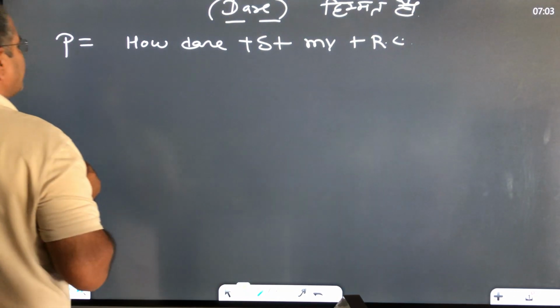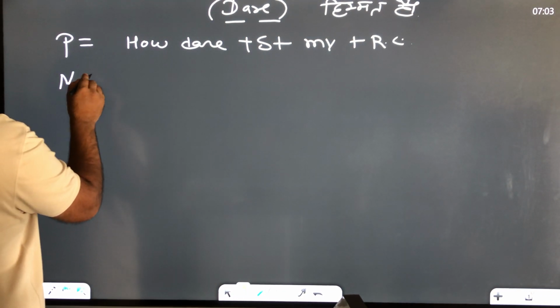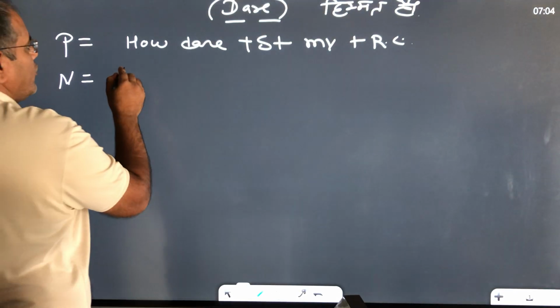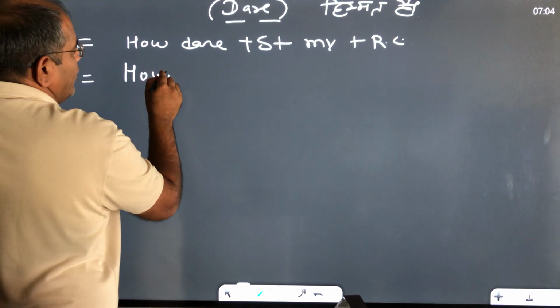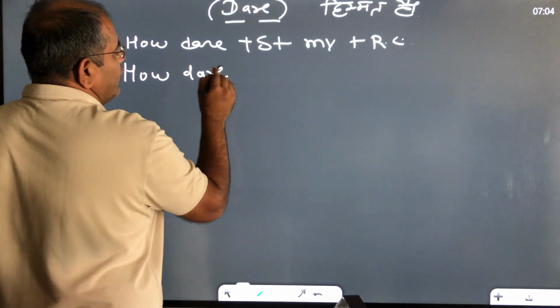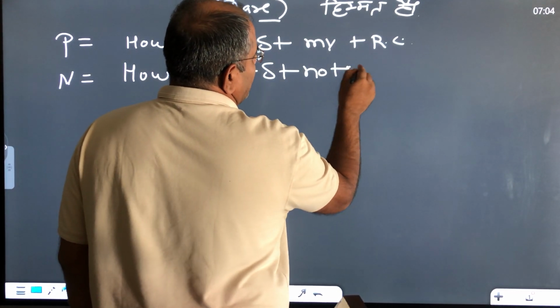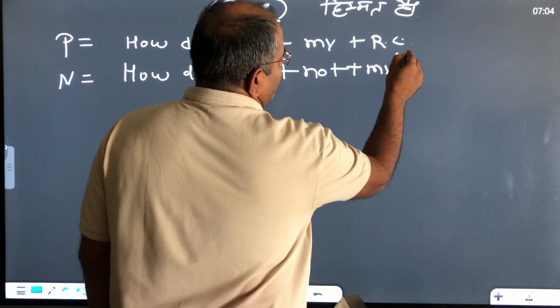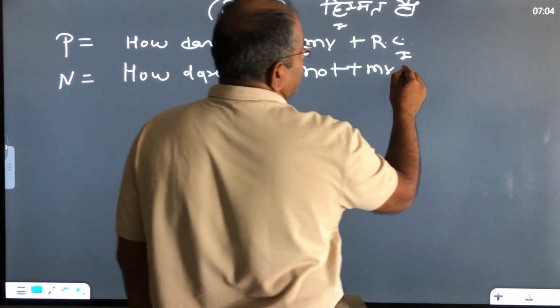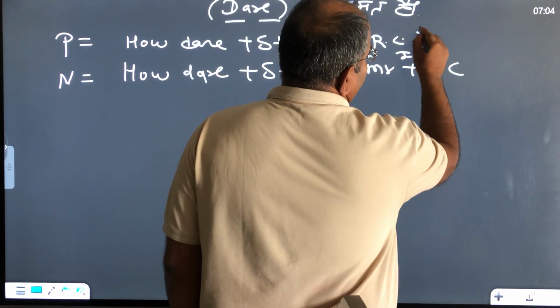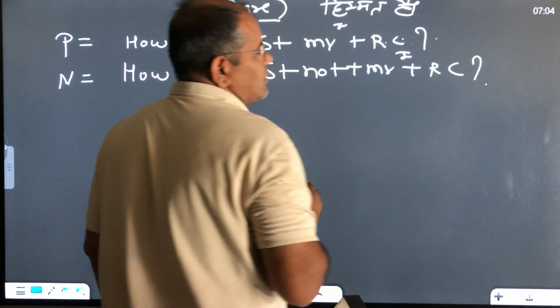Is that clear? Second, according to negative, we have to use how dare plus subject plus not plus MB's first form, and then RC according to requirement. At the last we can use the symbol of interrogation.